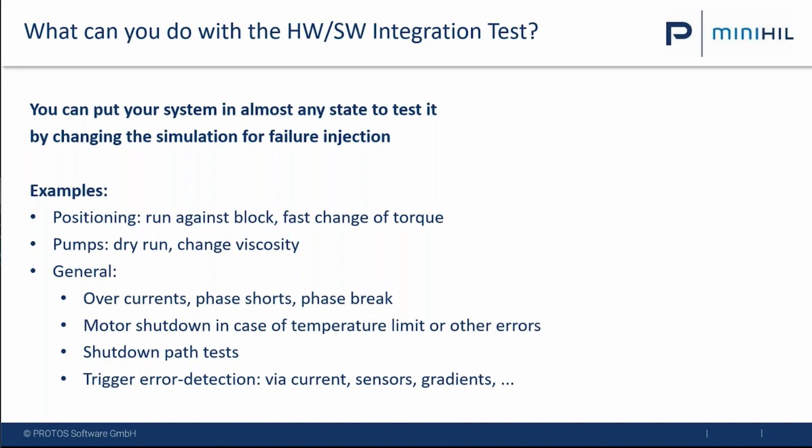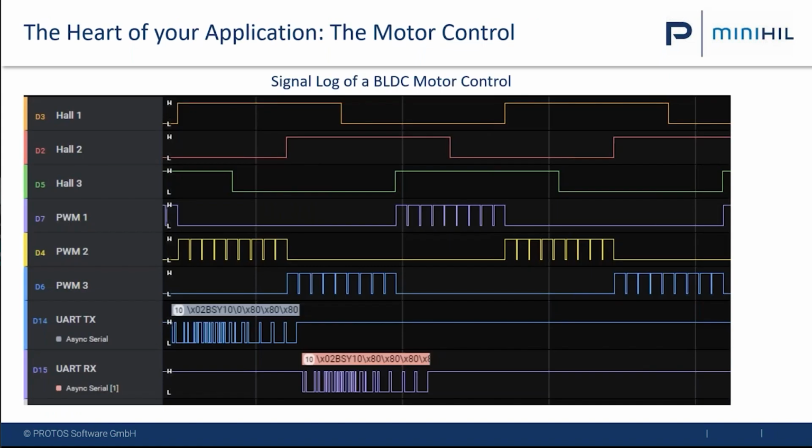So that's a really big benefit, but you can only use this benefit if you have a simulation for the environment. So let's have a look at the heart of your application, the motor control. In this case, it's a log of the electrical signals for a BLDC motor control, block commutation, with Hall signals, with Hall sensors.